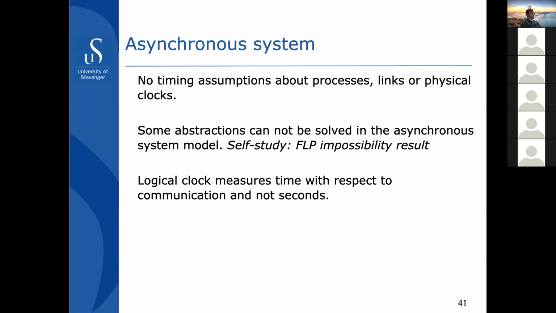And in this timing assumption model, there are many things that are not possible to solve. If you are very interested, you can Google the FLP impossibility result, and you can see for yourself why it is not possible to implement consensus in this model.